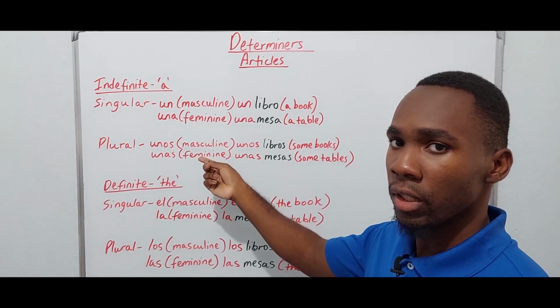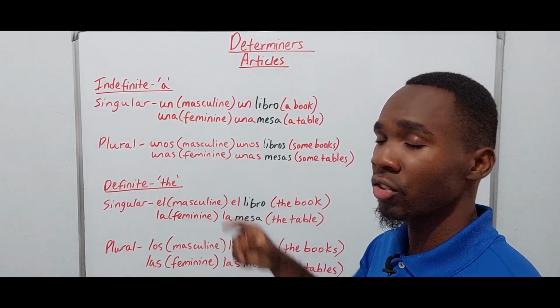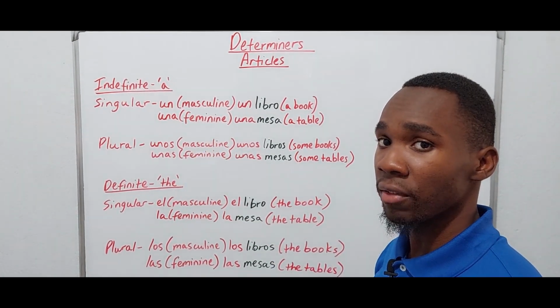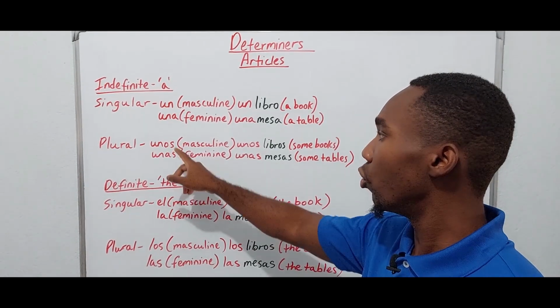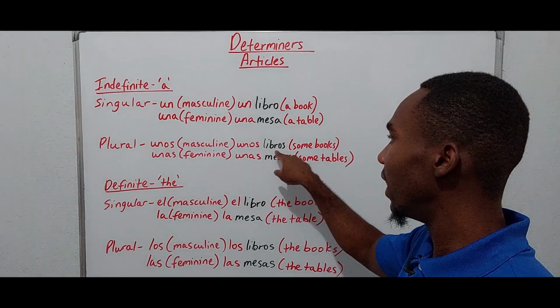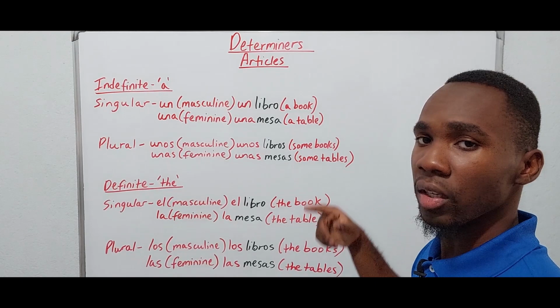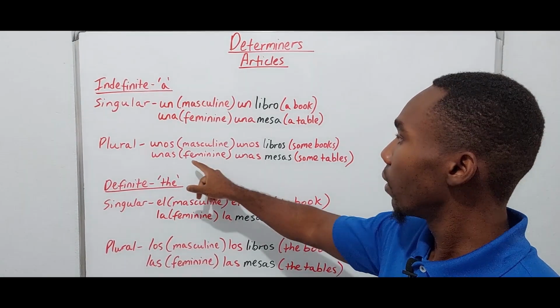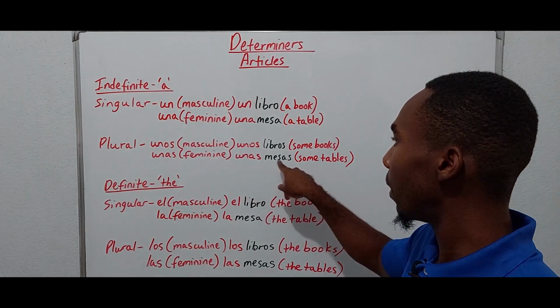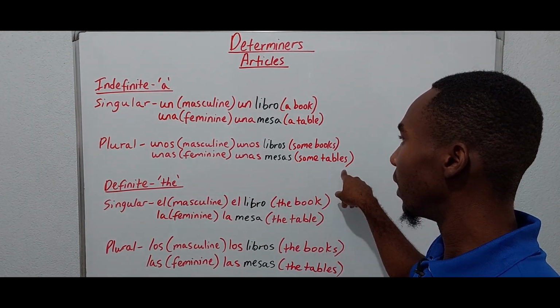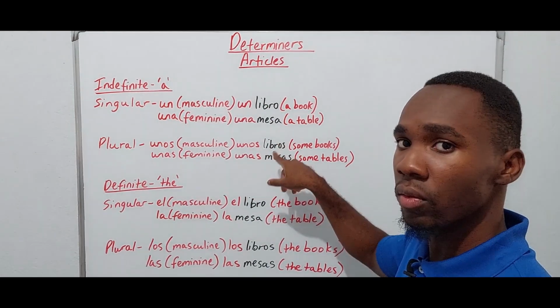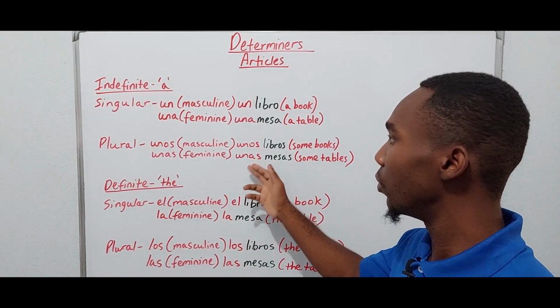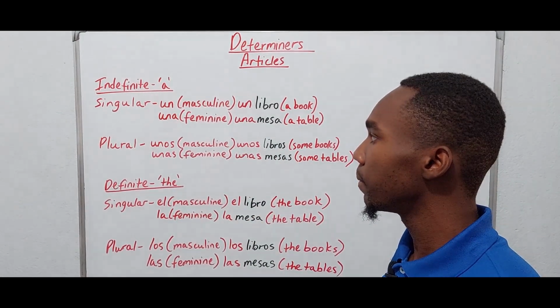Well, the masculine plural will be a little different because we have to add os. So unos libros, some books, because you know the plural of a would be some, right? And unas mesas, some tables. You notice I use the same noun, right? So this is how they would be plural, right?